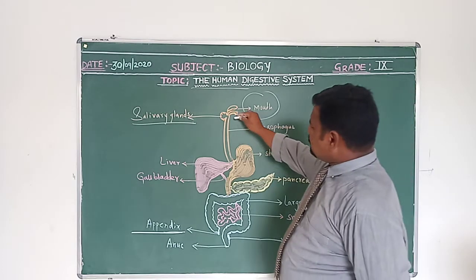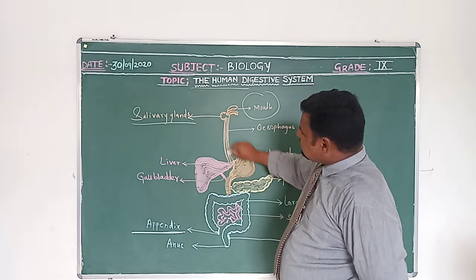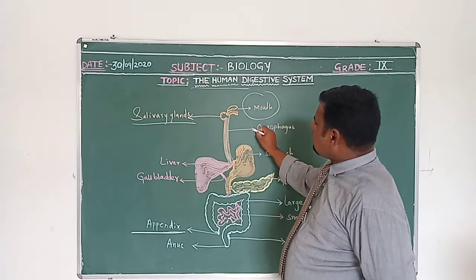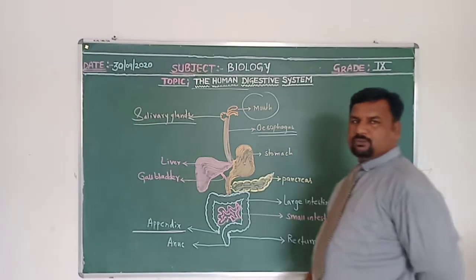Next, from the mouth, the tube extends further down. This tube we call the esophagus or food pipe. Commonly we can call it the food pipe also.